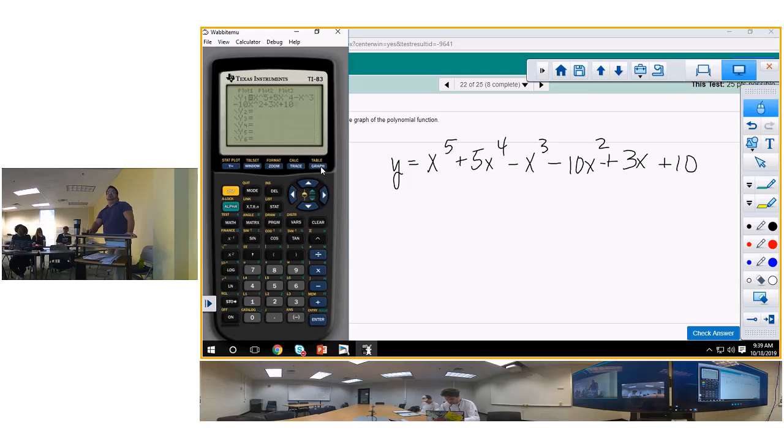Okay, graph, and of course it's probably not going to. I've got to hit zoom standard, which I doubt it's going to. Let me hit zoom fit and see if it works with zoom fit. I doubt it will. Zoom fit.